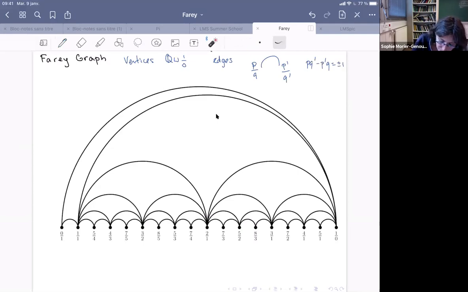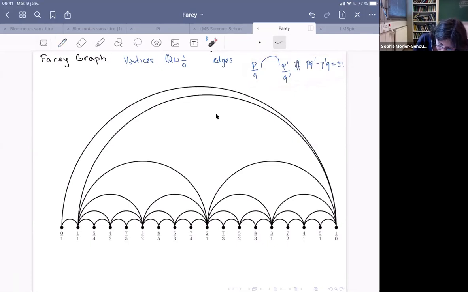In the Farey tree, the rationals are labels for the regions between the branches of the tree, and the regions are adjacent if we have this property. So here it's really a dual version. Instead of regions, the rationals become points, and you draw an edge whenever this property is satisfied.